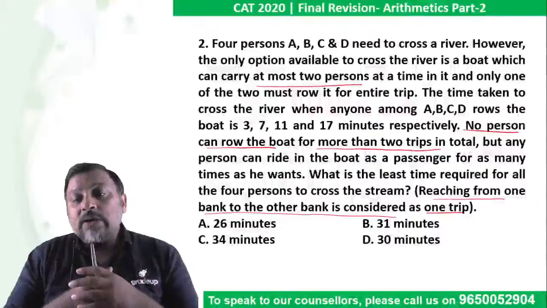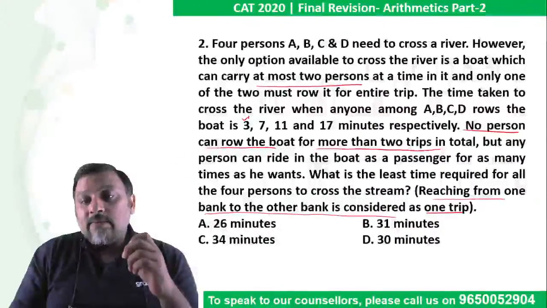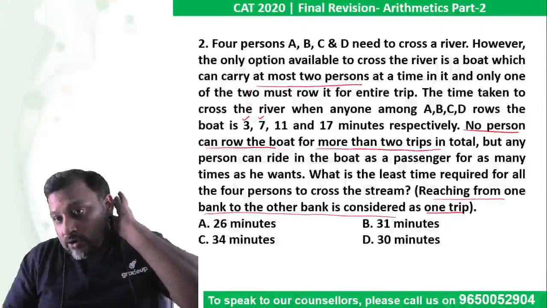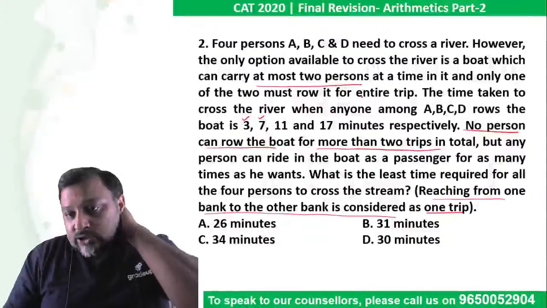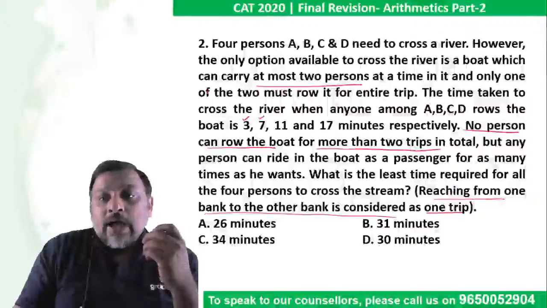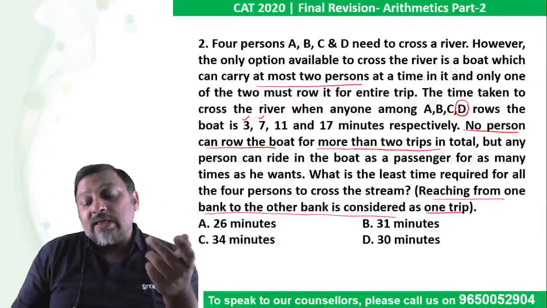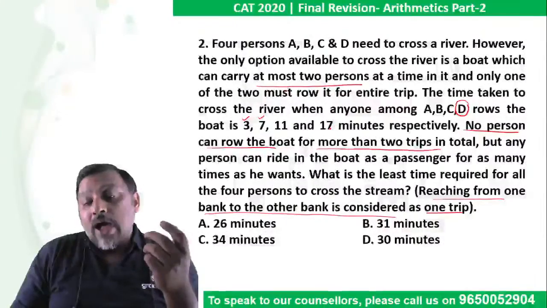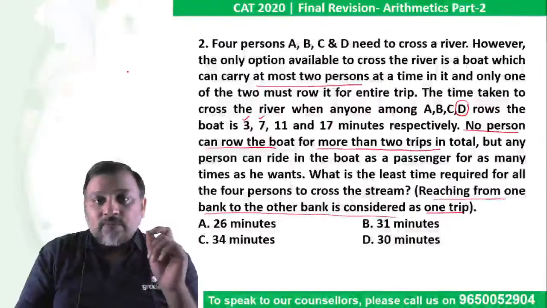So if we want to minimize the time, can we say the person who takes the minimum time should row at least twice, should have at least two complete trips. And for the person who is taking the maximum time, we should try, if possible, to have a case where D is not rowing at all.